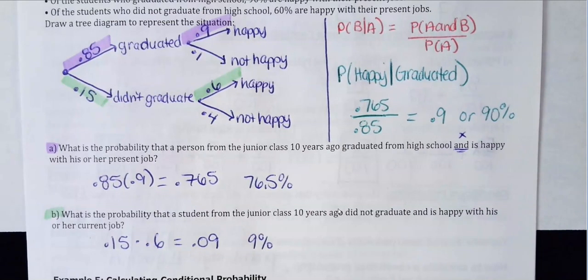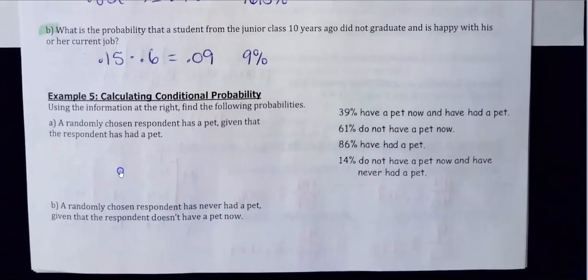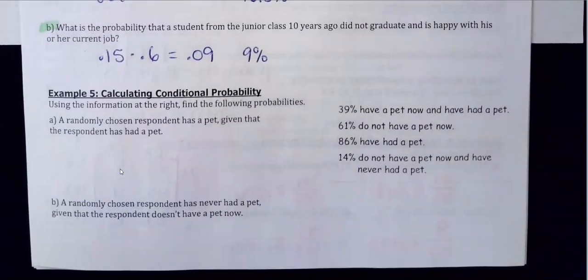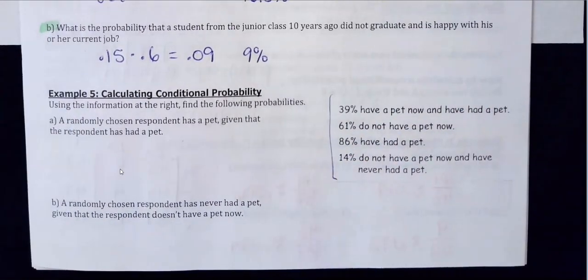I'm going to use that formula again for the way the last example is written down here at the bottom. This is another format that you could see this in. Okay, it says using the information at the right. Over here, it says 39% of people in this survey.